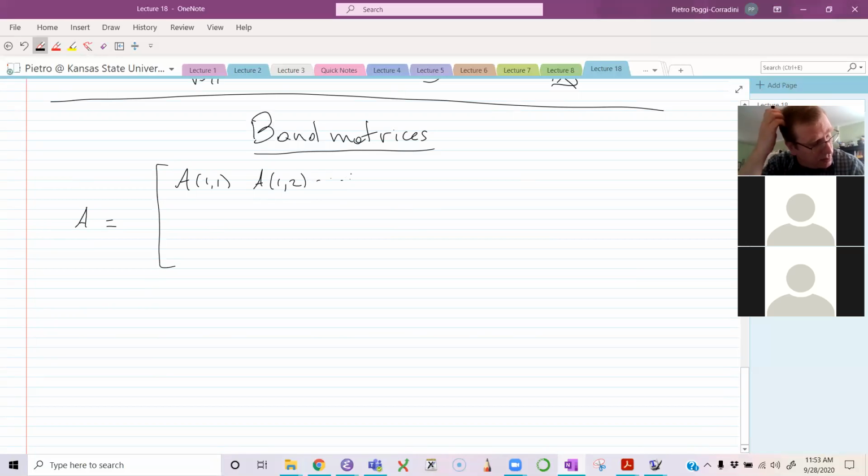And then it's going to go all the way to some index, which I'm going to call 1 plus BU. And then after that, it's going to be 0.